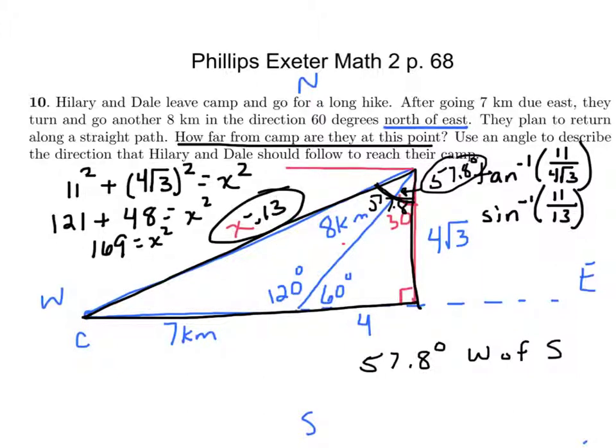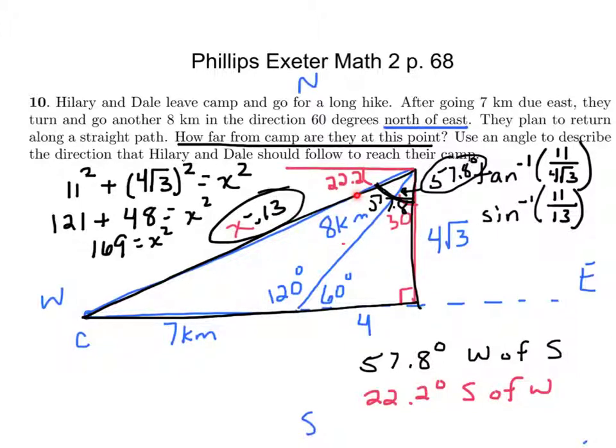Or I would find this angle right here, which would be 22.2 degrees, and I could say it's 22.2 degrees south of west. So if I'm standing here facing west, and I go in the southern direction 22.2 degrees, I'll be going the right direction.